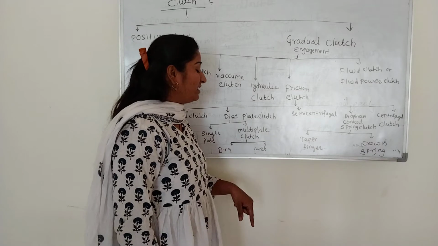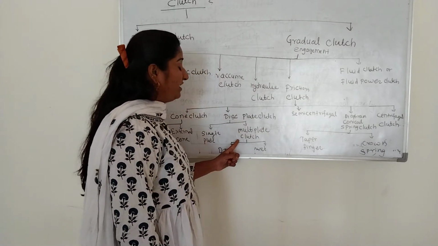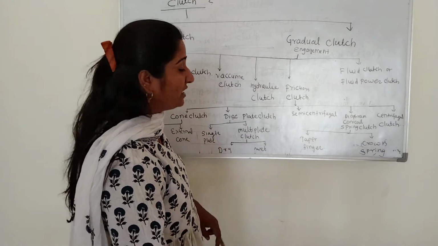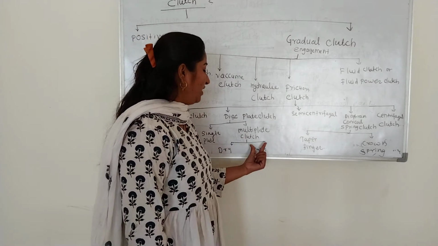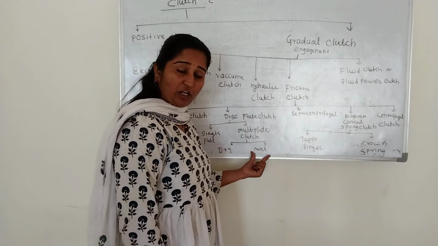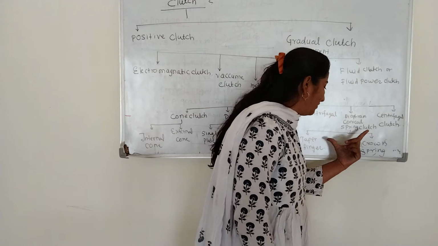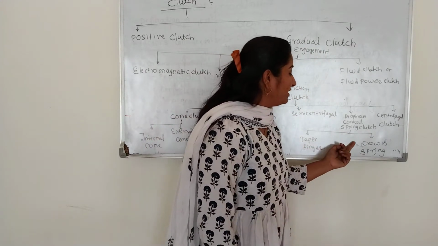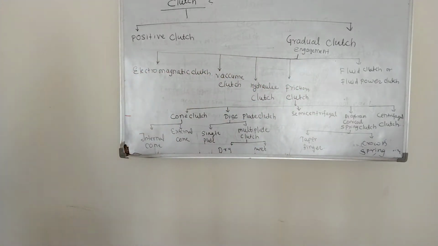The disc plate clutch is subdivided into single plate and multiple plate clutch. The multiple plate clutch is subdivided into dry multiple plate clutch and wet multiple plate clutch. The diaphragm conical spring clutch is subdivided into two types: taper finger and crown spring. This is all about the classification of the clutch.